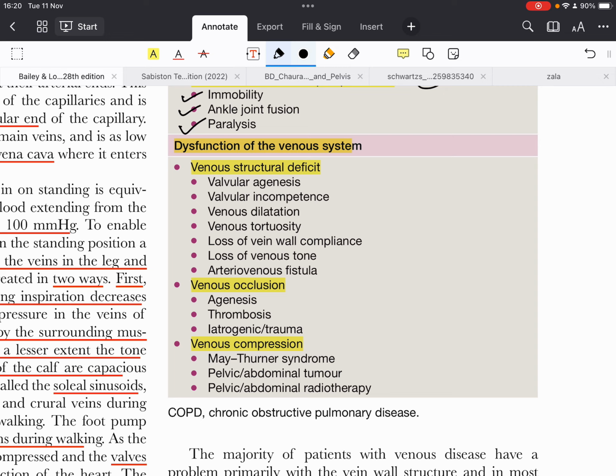Venous structural deficit: valvular agenesis, valvular incompetence, venous dilation, venous tortuosity, loss of venous compliance, loss of venous tone, arteriovenous fistula. Venous occlusion: agenesis, thrombosis, iatrogenic trauma. Venous compression: May-Thurner syndrome, pelvic abdominal tumor, pelvic abdominal radiotherapy.